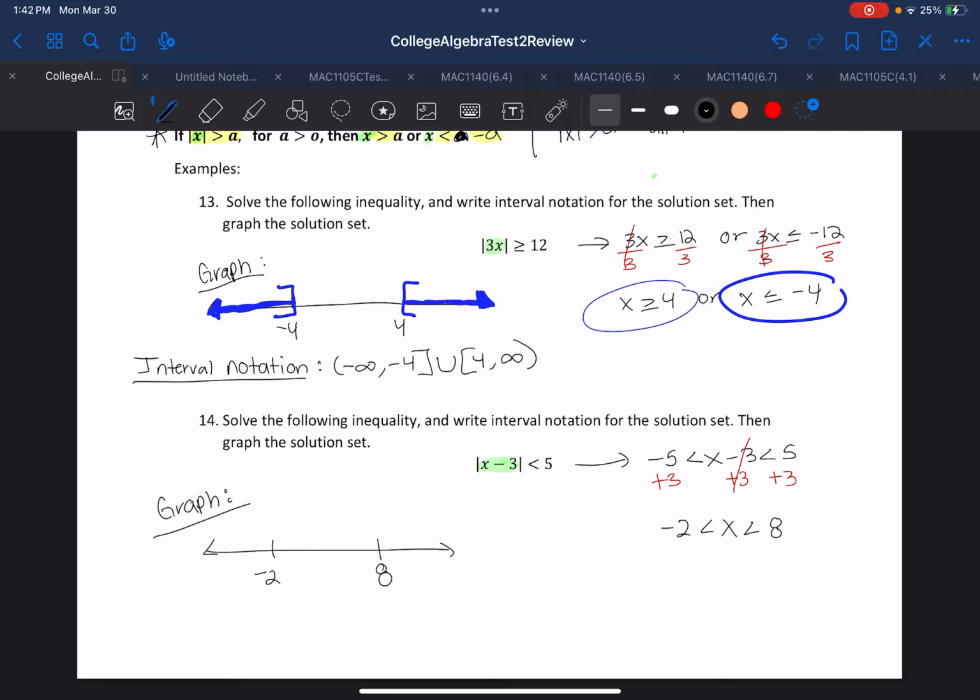Neither one of them can equal for -2 or 8, so they would have parentheses. And then it says it's in between, so I have to shade in between these two numbers. Because this means that x is less than 8 and it's greater than -2. So all the numbers within that shaded blue region is true for that inequality.